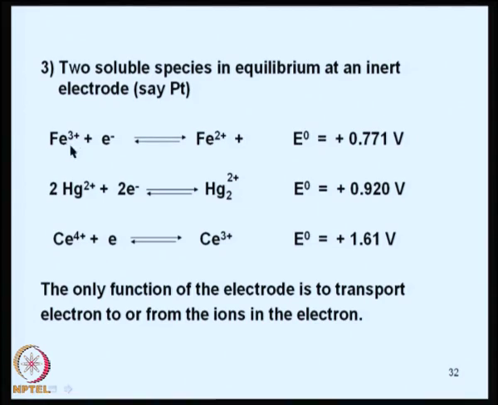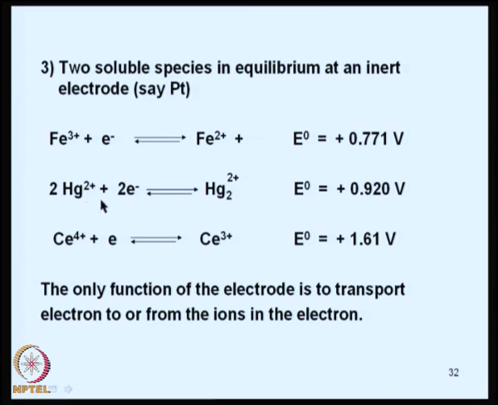Look at this reaction please: ferric ion will pick up one electron to give you Fe2+. That means when it picks up a negative charge, the positive charge goes down by 1 unit, and it gives you Fe2+. E naught for this reaction compared to a standard hydrogen electrode is 0.77 volts.